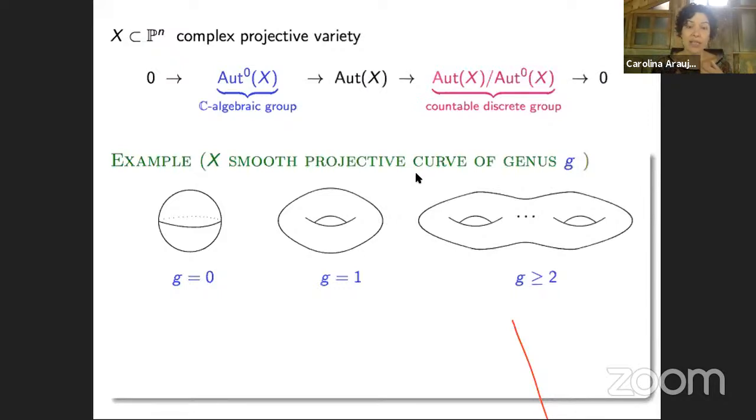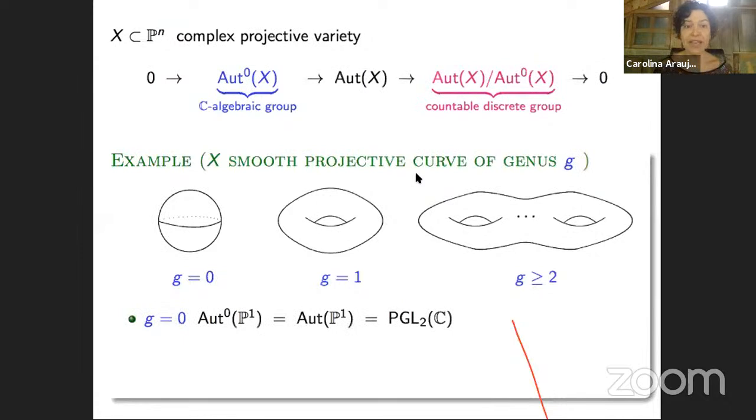This trichotomy is present from many different aspects: from the point of view of curvature, of the fundamental group, of rational points when you look at the solutions over the rational numbers, and so on. And we also see this trichotomy from the point of view of symmetries, of automorphisms.